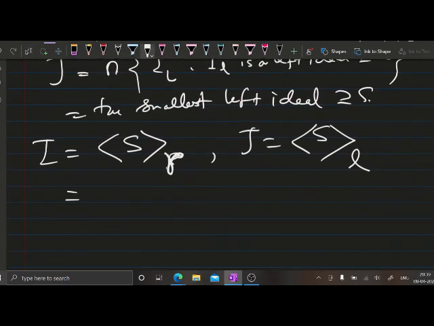These two ideals are called the right ideal generated by S and the left ideal generated by S. And the intersection of all ideals containing S will be the ideal generated by S. Okay, so in this way you can define ideals using a subset of a ring. Okay, so here I should stop.